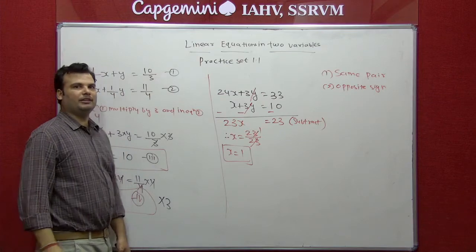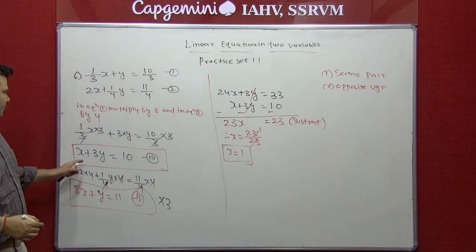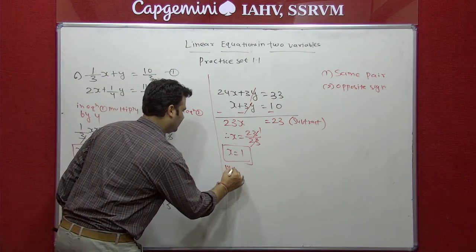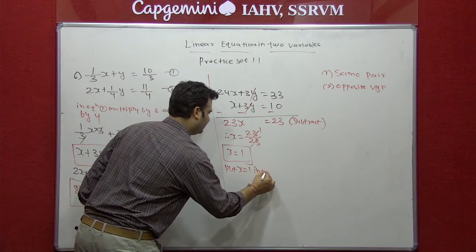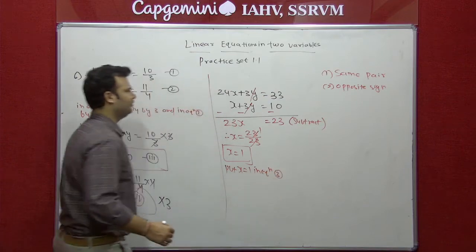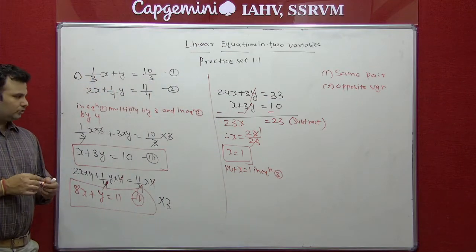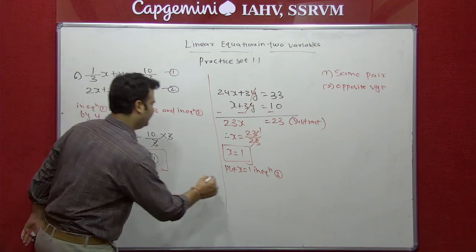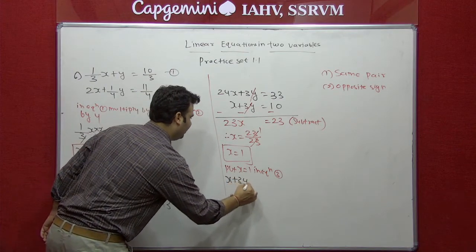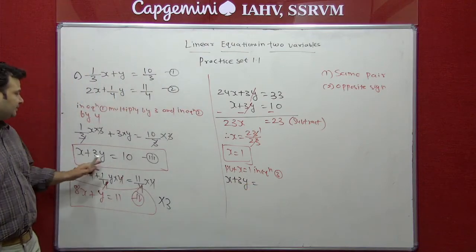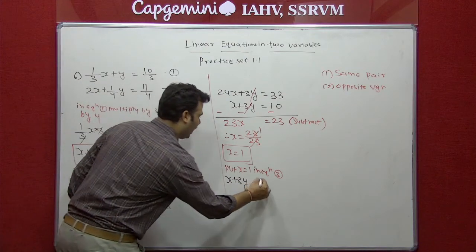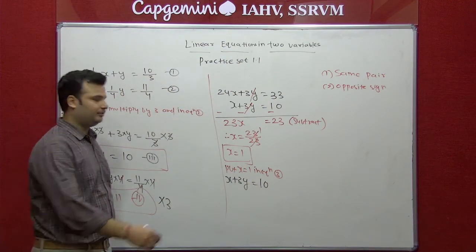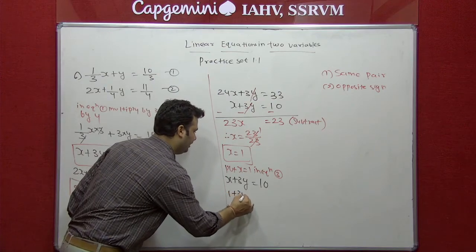Suppose if you want to find the value of y, we can put x equal to 1 in equation number 3. Any one equation you can put, either 4 or 3. What is the value of x? x is 1. So equation number 3 is x plus 3y equal to 10, and we have to find the value of y. So in place of x we put 1, plus 3y equal to 10.